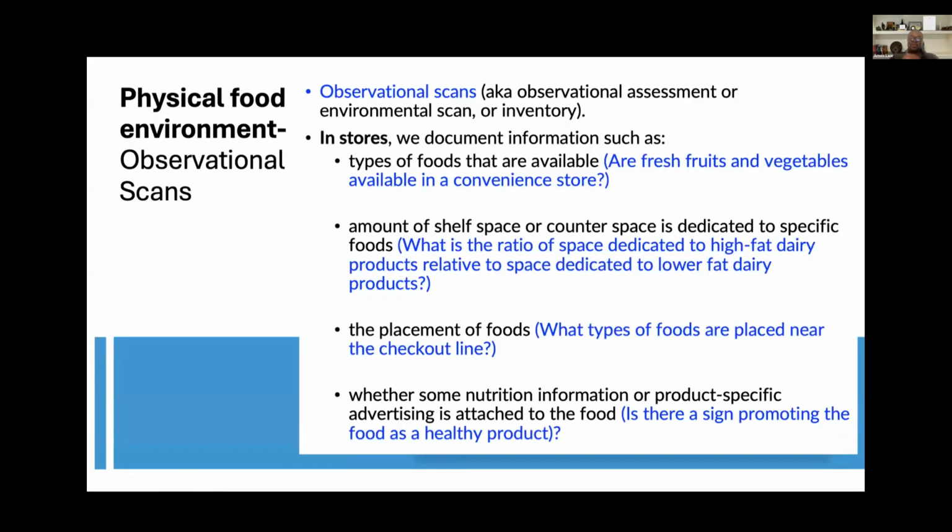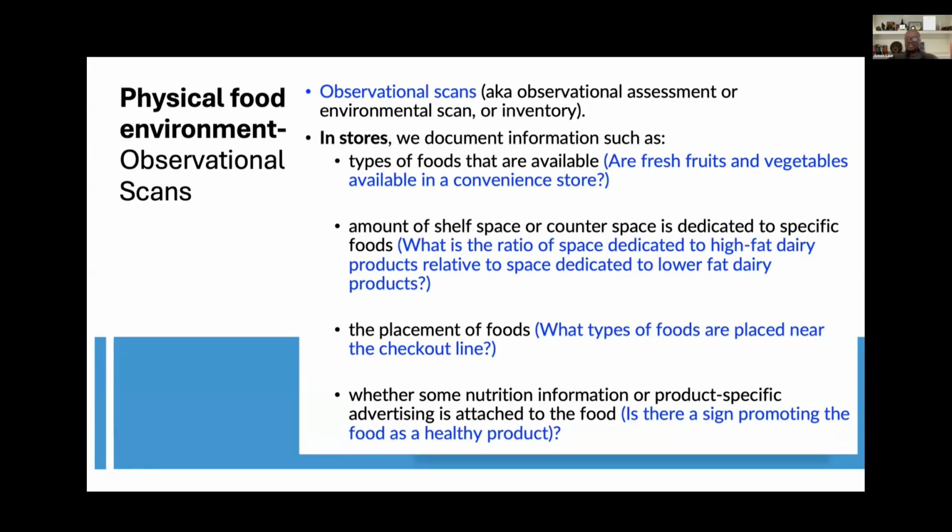Within the physical food environment, we can also do what we call observational scans or observational assessments or inventory. And this could be done in stores, it could be done in restaurants, it could be done in homes. So in stores, we document information such as the types of food that are available in those stores.